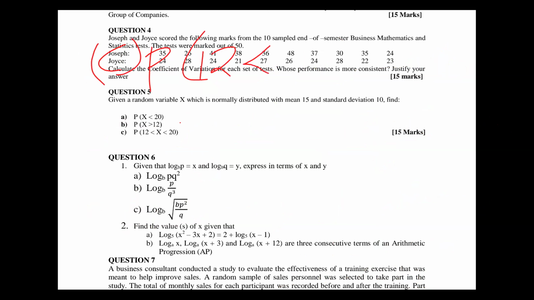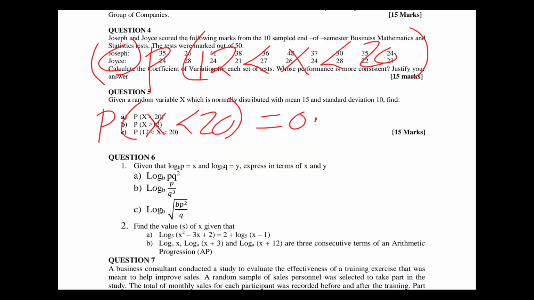Then finally on C, question 5C, you want to find the probability that X falls within the range 12 less than X less than 20. Since we already know the probability that X is less than 20, we found it to be 0.6915.